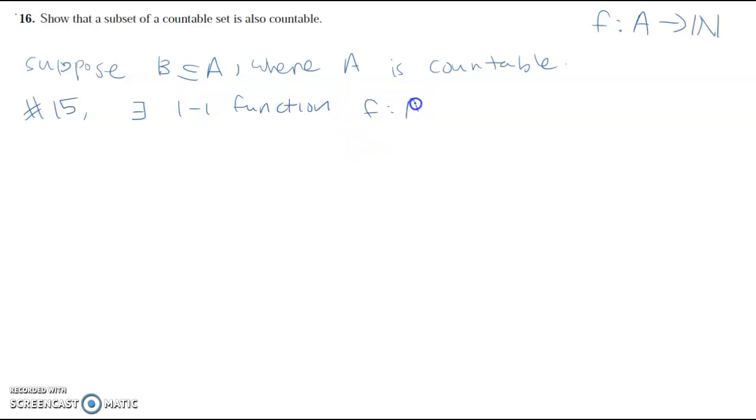and let's say that F maps A to N, and this would be a subset of just the natural numbers.